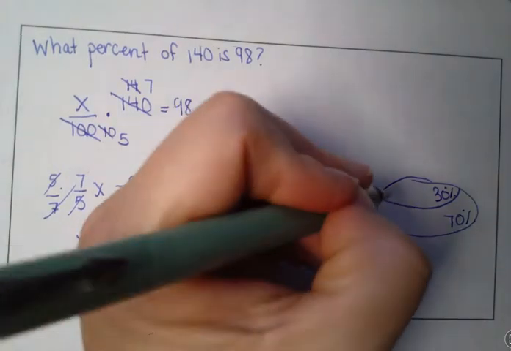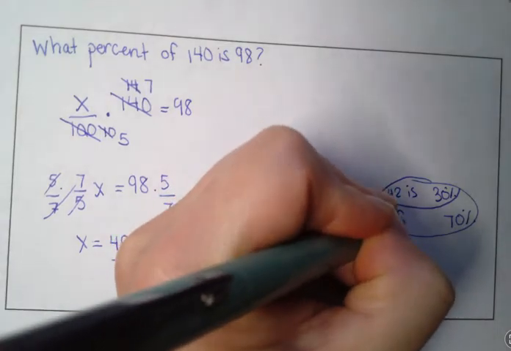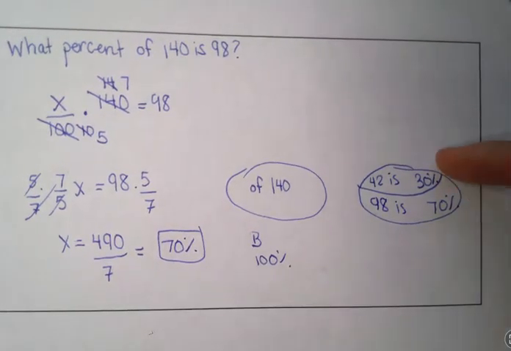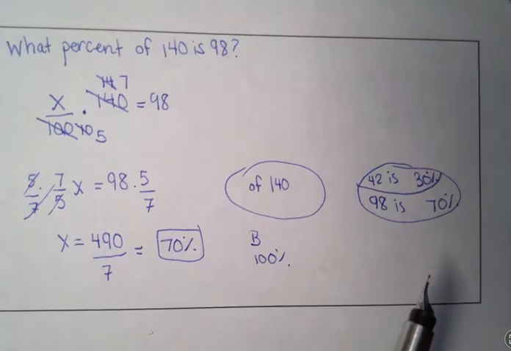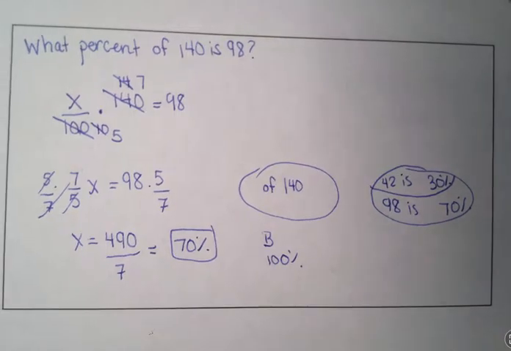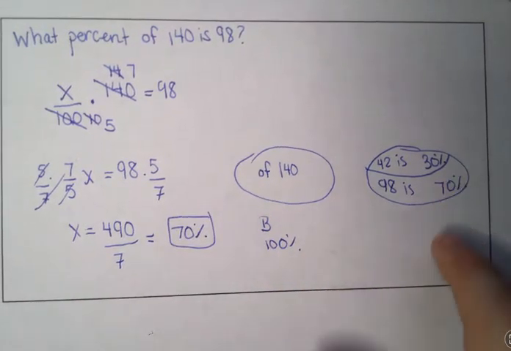And so I know that 42 is 30% and 98 is 70%. Where did I get the 42? I just subtracted 98 from 140 to get the remaining 42. So together, 98 plus 42 must equal 140, and 70 plus 30 must equal 100%.